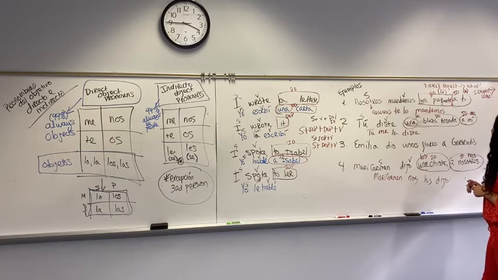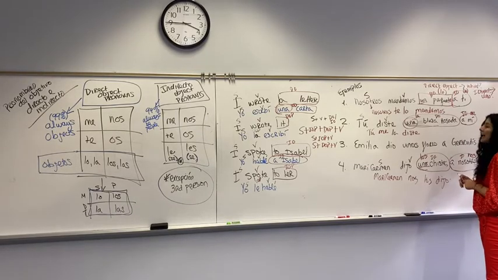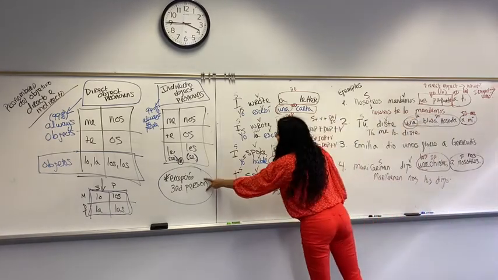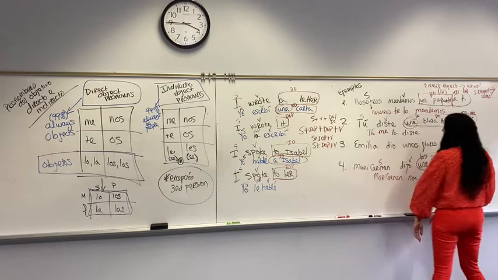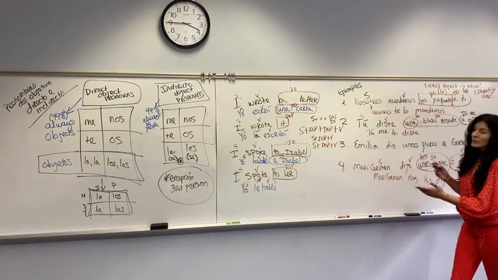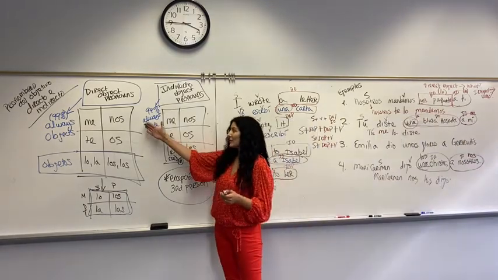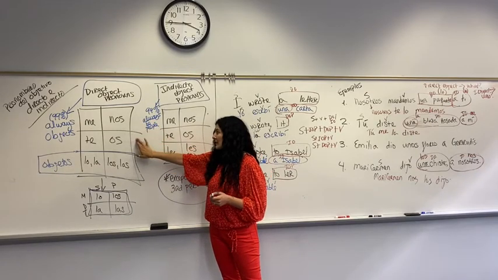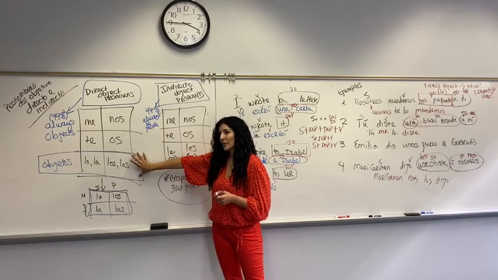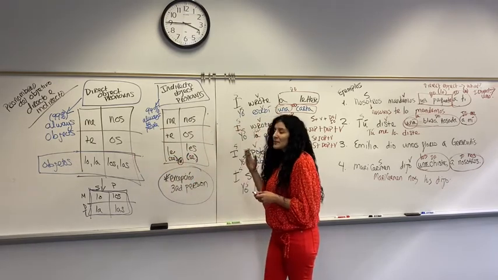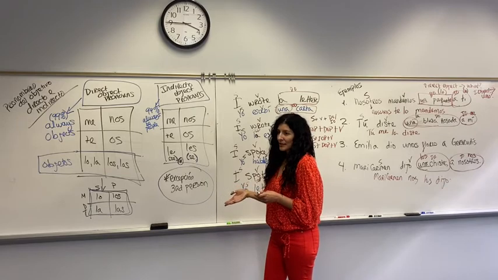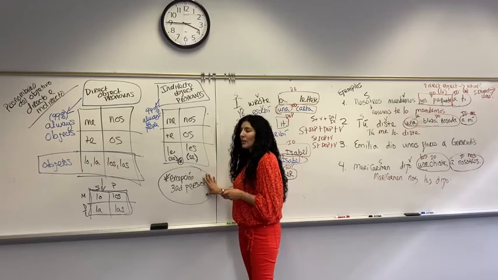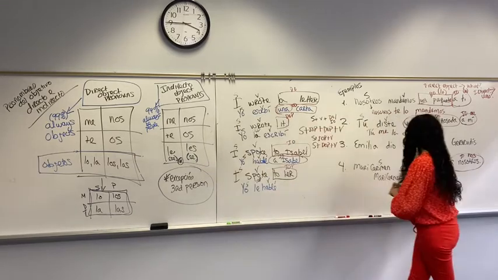Emilia dio unas flores a Gertrudis. This is where the third person exception kind of comes in. It's a little bit tricky, but you remember that when we were looking at these direct object pronouns, we said, right, that objects are always third person, right? First, second, third, objects are always third person. So if a direct object pronoun is always a third person, then we just have to watch out to know if the indirect object is also a third person.